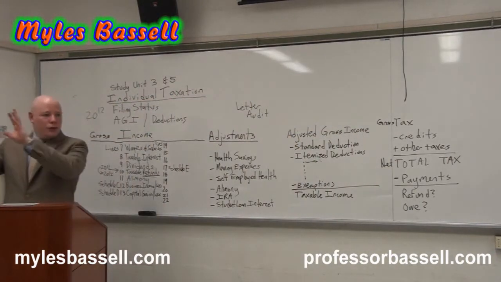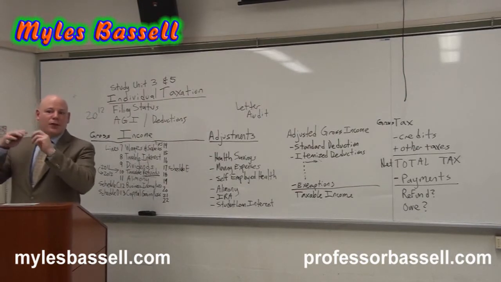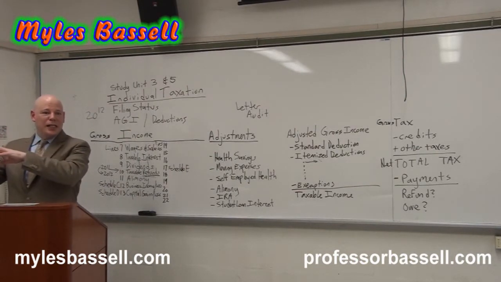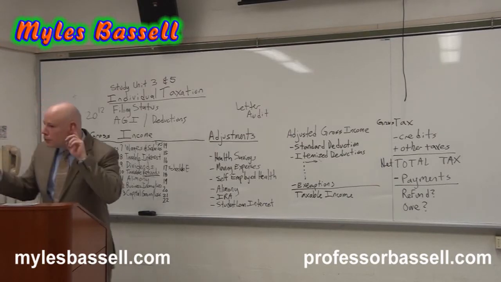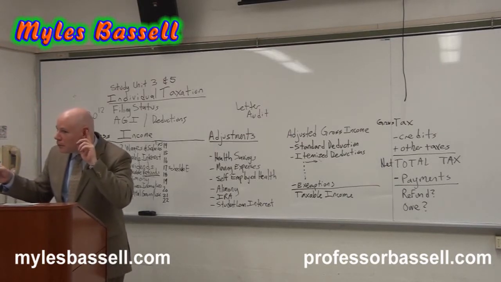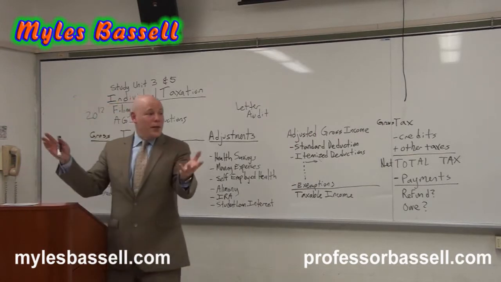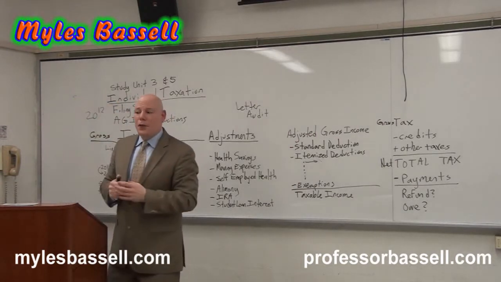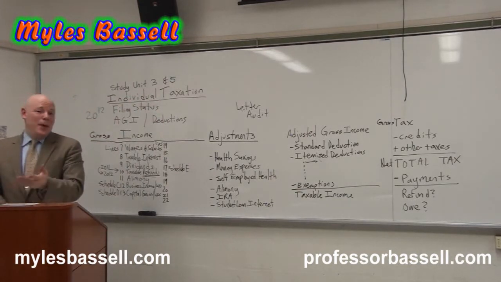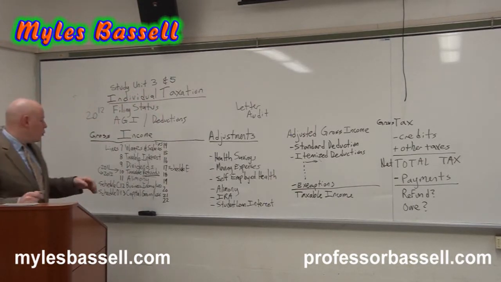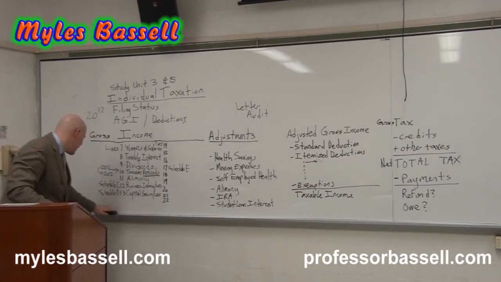So from the proceeds, you subtract the cost, which in that case means that you had a gain of how much? About $30,000, right? So about $30,000. We need to pay tax on that, right? So that's on Schedule D.